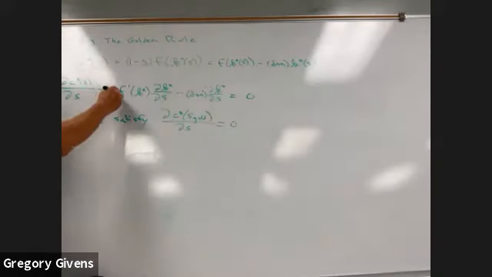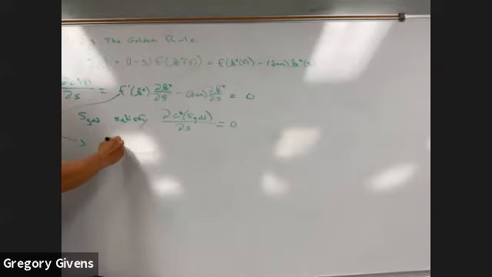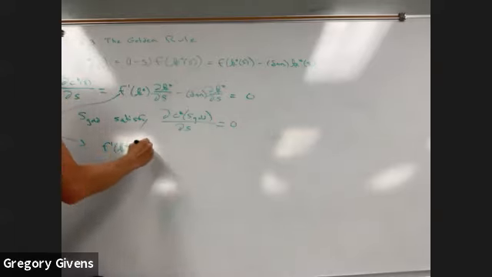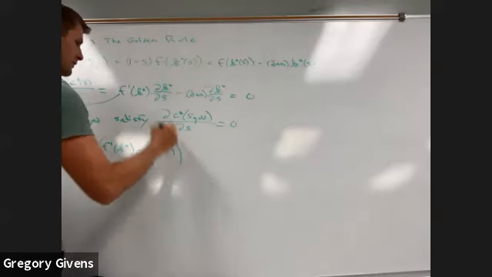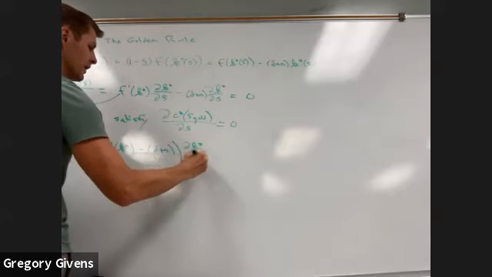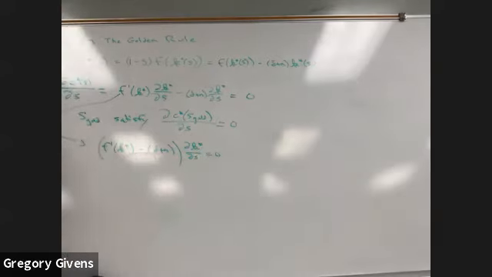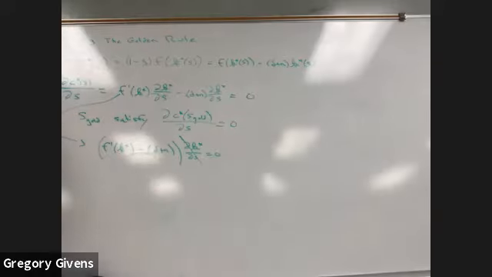Now, let me rewrite this first order condition as F prime of K star minus (delta plus N) times the quantity dK star dS is equal to 0. I know that I can divide both sides of this by dK star dS, right? And why do I know that?